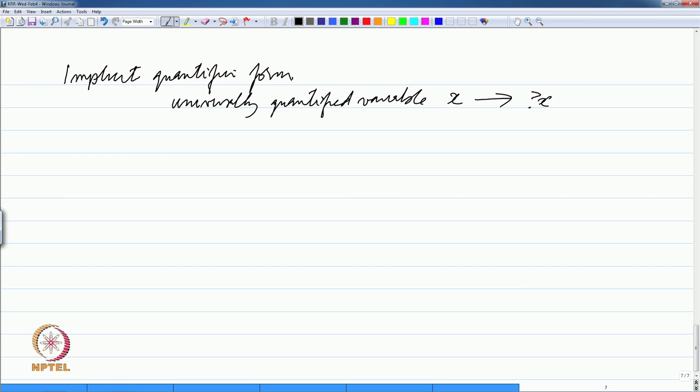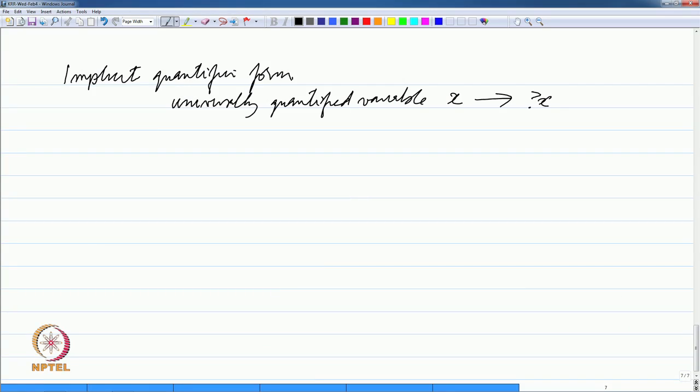We will just put a question mark below the variable and keep in mind when we are writing our programs that the question mark stands for the fact that x is universally quantified.